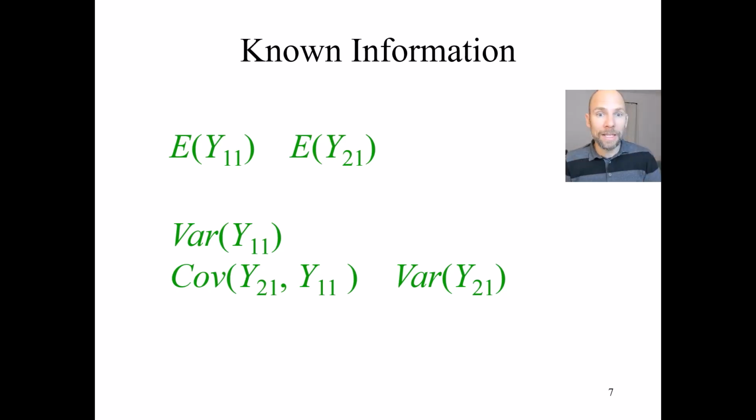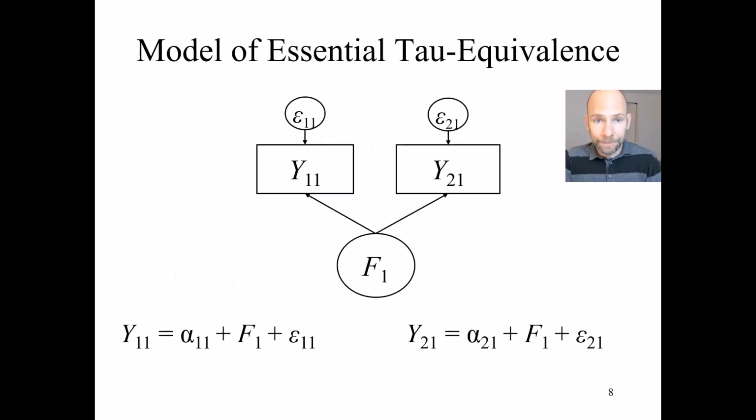And so the solution here is to make some restrictive assumptions that simplify this one factor model. And specifically what we can do is we can assume that we have variables that are essentially tau equivalent. So that would be called a model of essential tau equivalence in classical test theory or classical measurement theory, where essential tau equivalence means that the variables have the same factor loading.